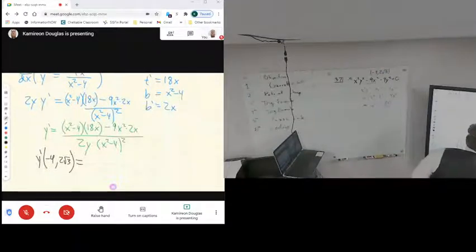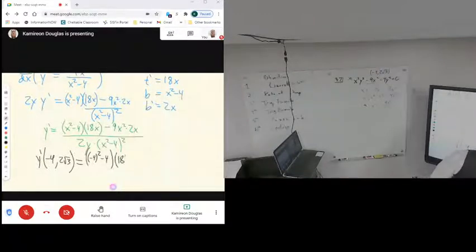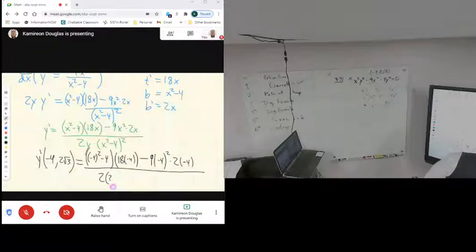X squared, so that'd be negative 4 squared minus 4, times 18, that's negative 4, minus 9, negative 4 squared times 2, negative 4, all over 2y, so 2 square root of 3, times negative 4 squared minus 4 squared.